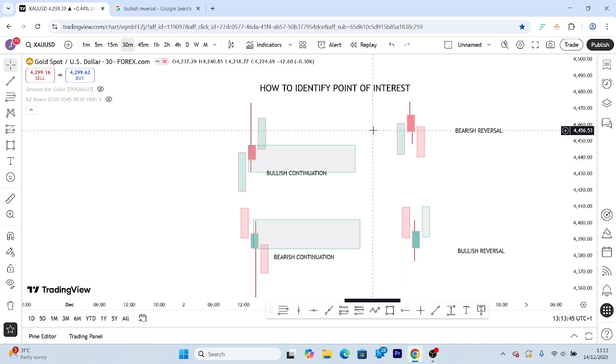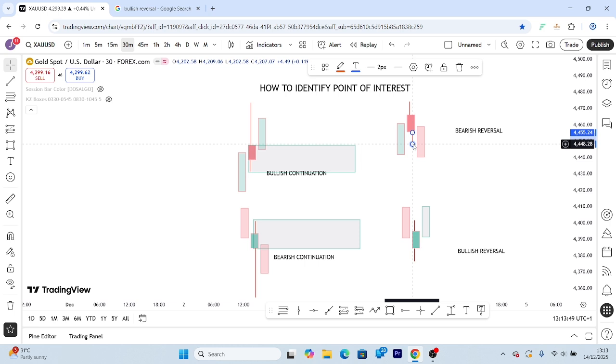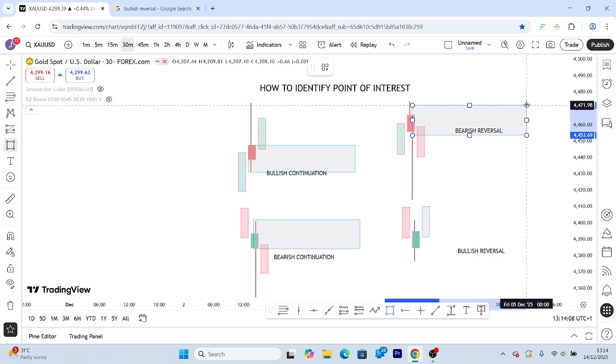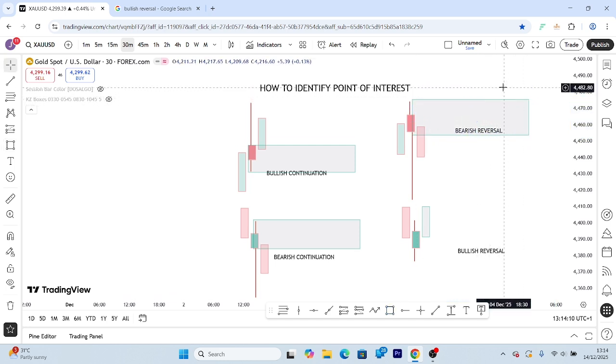Then also in this scenario, in the bearish reversal, if the wick is far longer than the body, the point of interest is not going to be from here to here. It's going to be from this body, then down to that place.